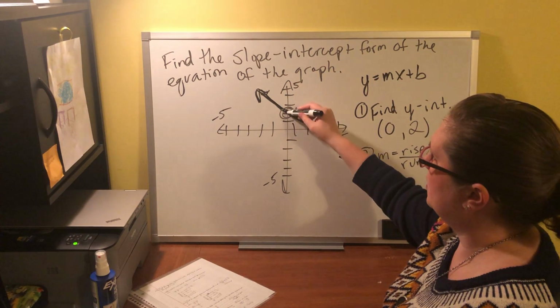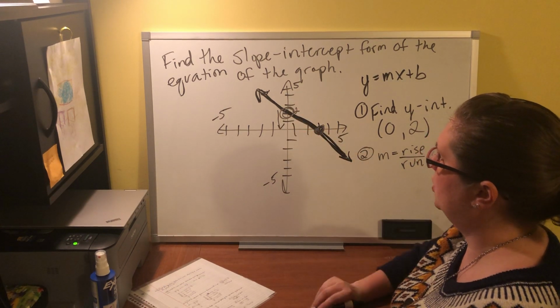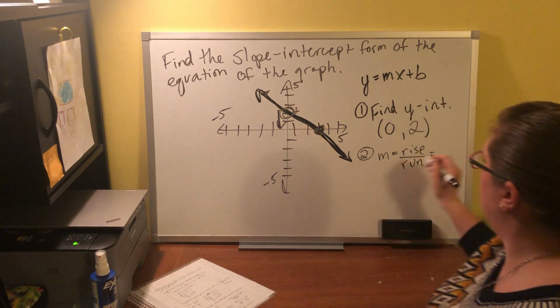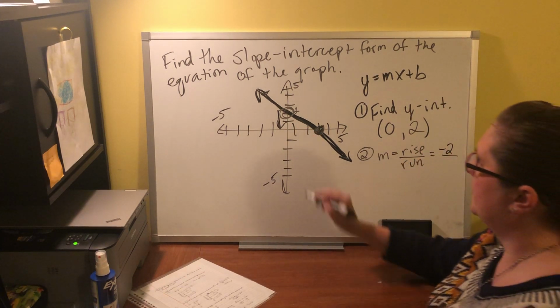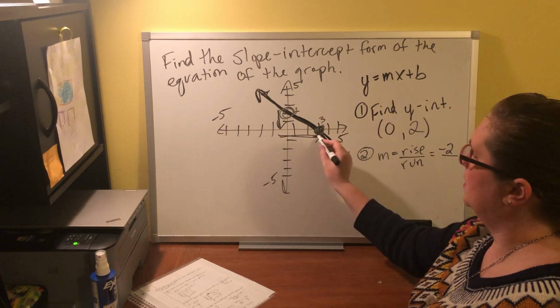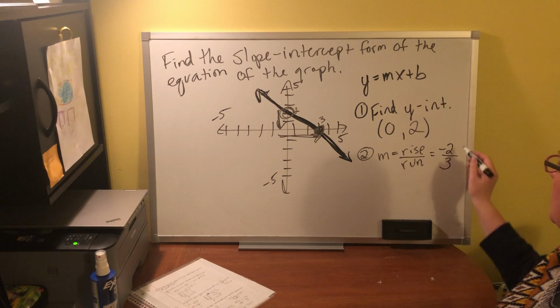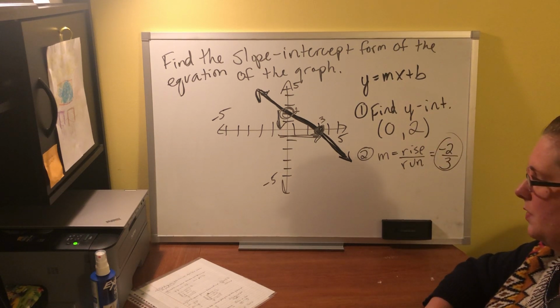If I started here at our y-intercept, I'm going down 2, and I'm going to the right. I know it might be hard to see, but this is 3. And I'm going to the right 3. So our slope is negative 2/3.